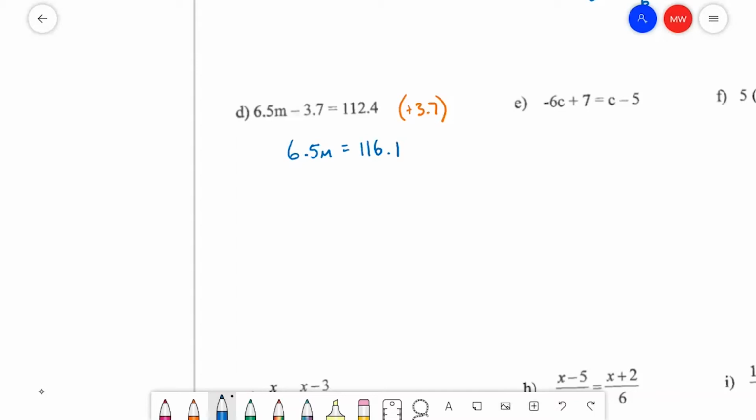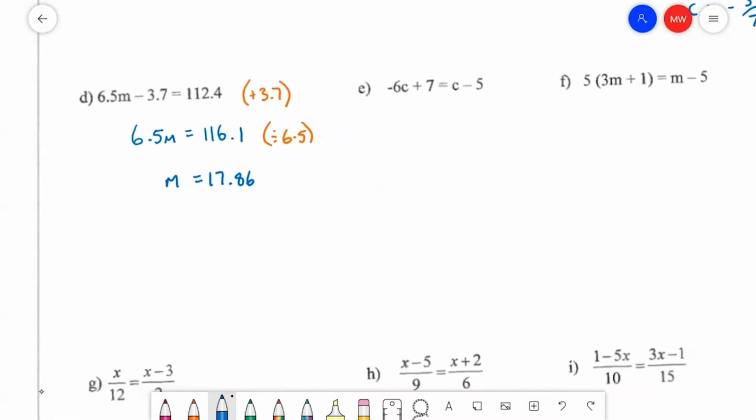Just use a calculator to help you out with the decimals. Getting rid of the 6.5, it's telling me to multiply, so I'm going to divide both sides by 6.5. Pop it in your calculator, and m will be 17.86. I rounded to 2 decimal places for accuracy.